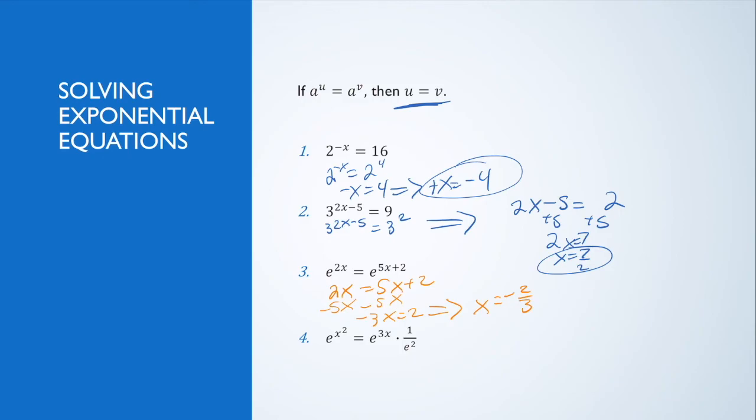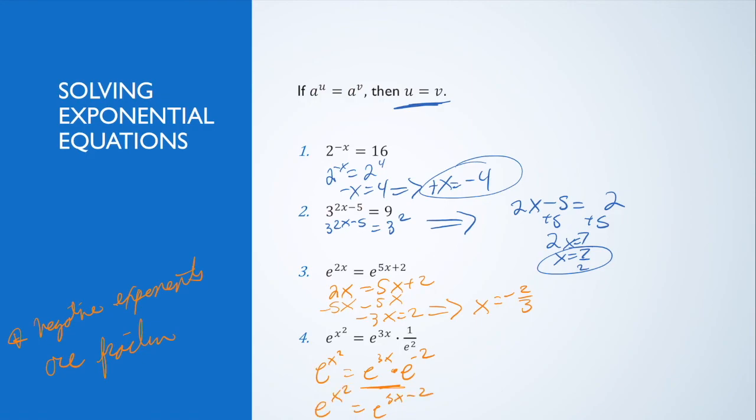Last but not least, I have e to the x squared equals e to the 3x times 1 over e to the negative 2. What we have to keep in mind here is that negative exponents are fractions. So I can rewrite this fraction as e to the negative 2. When I'm multiplying, that means I go ahead and add their powers.